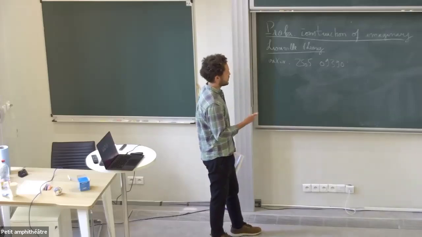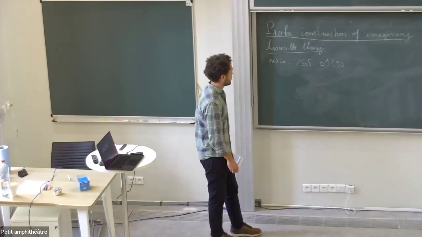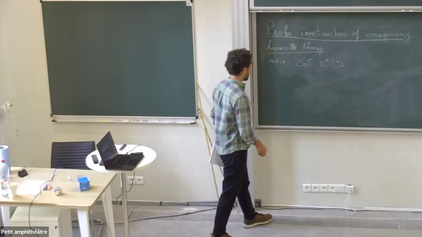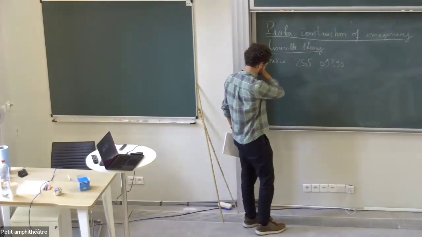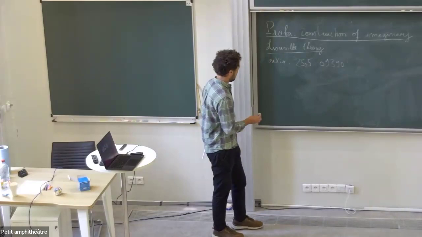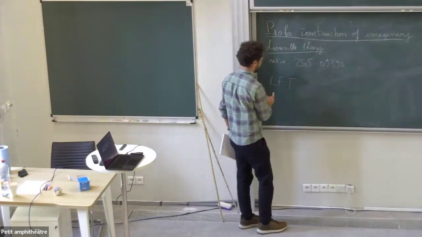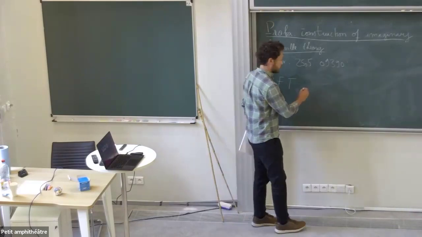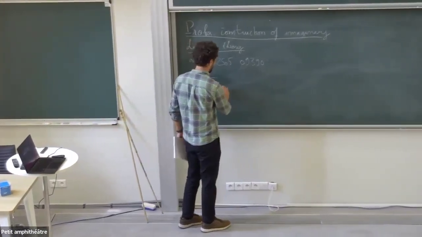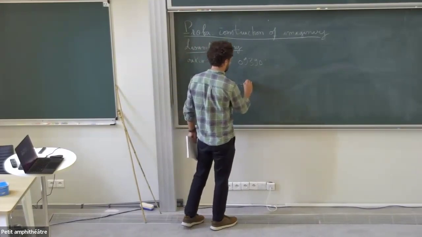The probabilistic construction gives a meaning to the path integral approach to conformal field theories. Liouville field theory is a family of conformal field theories indexed by a parameter gamma, which is usually real.